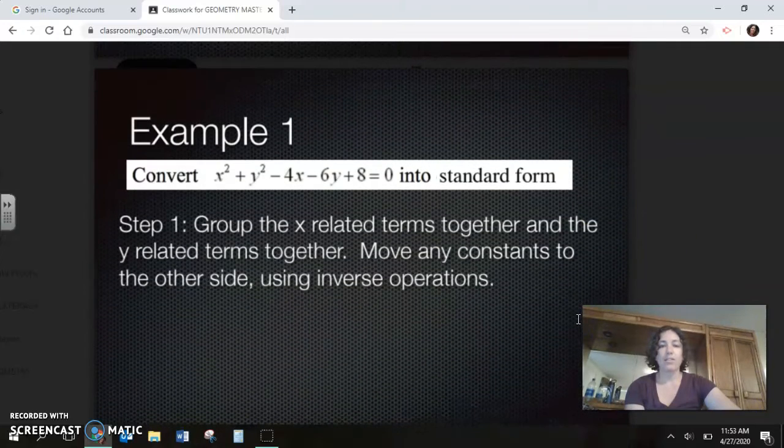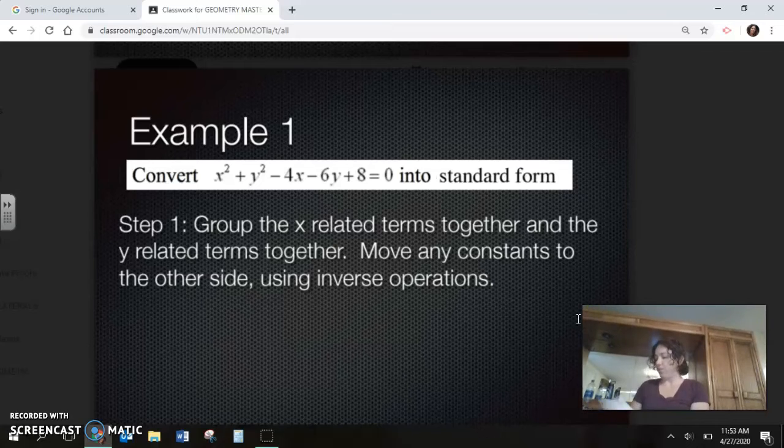Okay, so let's look at this first example, and I'm going to write it down, and then I'll enlarge my screen. So it's x squared plus y squared, and you're going to probably want to do this with me. Hopefully you're writing this down and working these steps out with me so it kind of sticks in your mind a bit better.